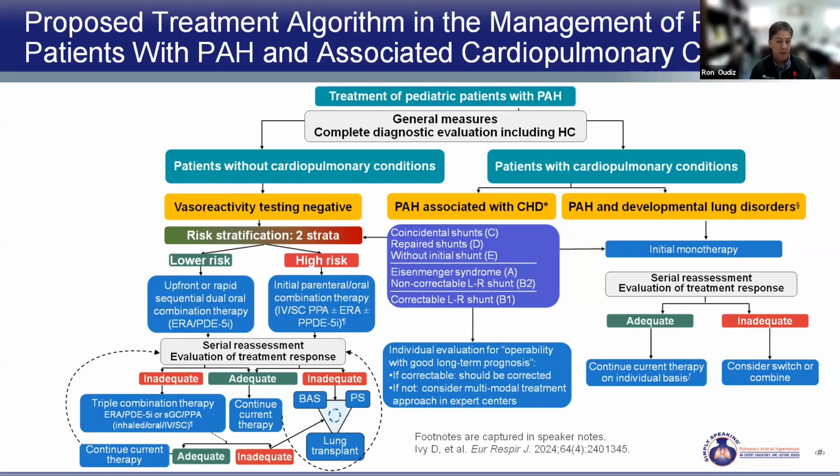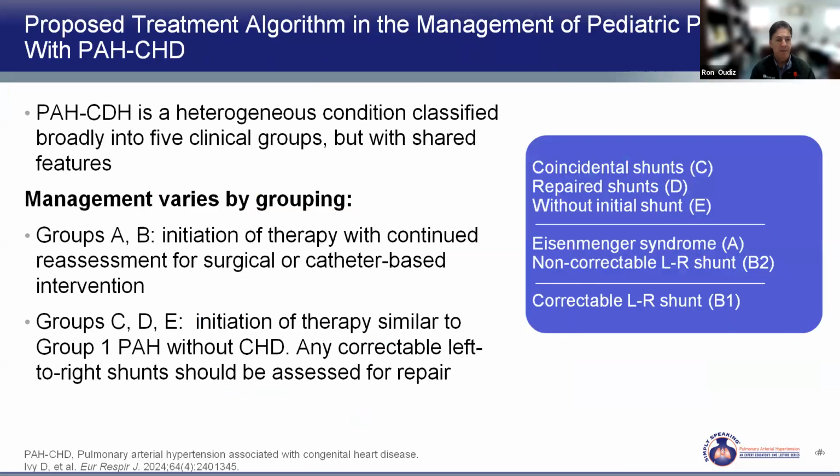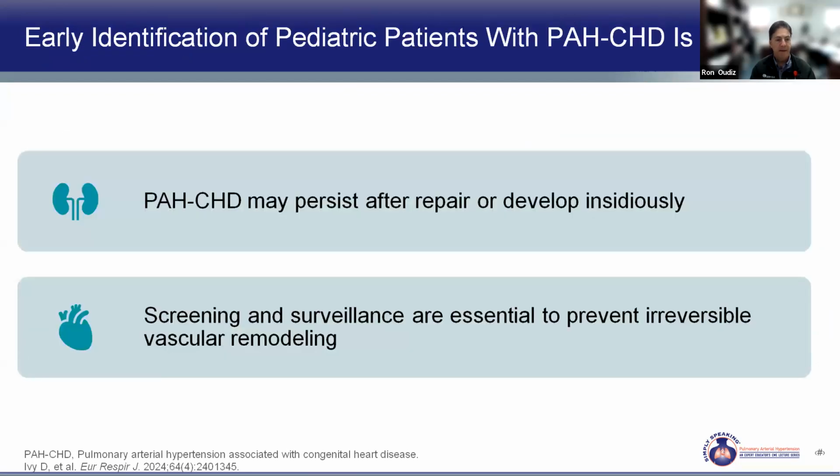And so there is actually here a consideration for a role for initial monotherapy for these patients who have developmental lung disorders. Again, this lack of data that we have for these children versus adults that are easily recruited into studies. Proposed treatment algorithm for the congenital diaphragmatic hernia is shown here. I'm not going to spend too much time there.